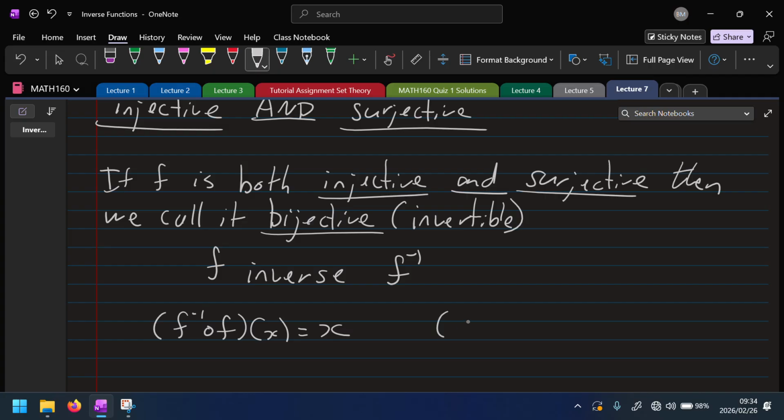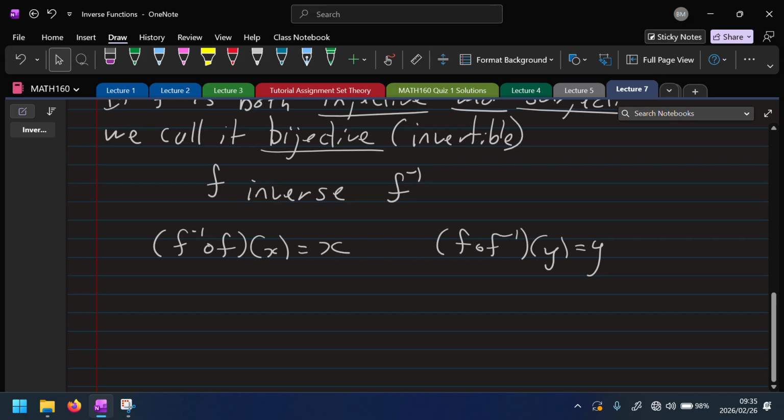And then we have f after f inverse of y sends us back to y. Here this takes the role of g. So on that side, it's the left inverse and it's the right inverse. So it's bijective because it's both left and the right. Okay. Let's have a look at a quick example.